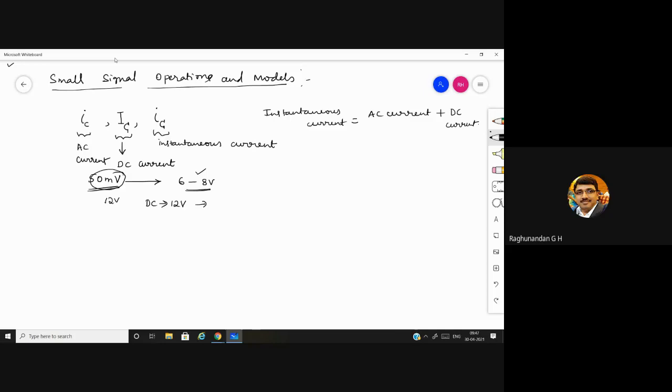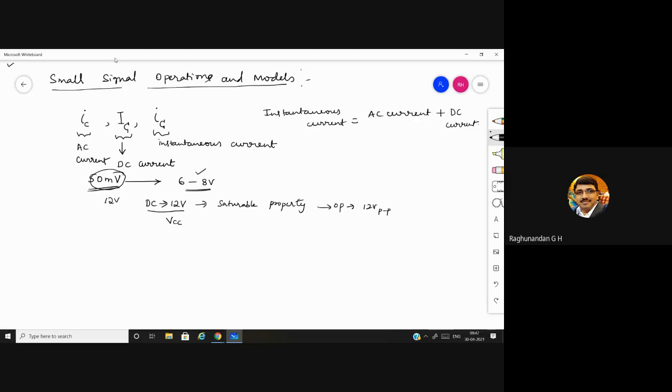And according to the saturation property, based upon the value of VCC, your output is going to be decided. If your VCC is 12 volt, then your output can be maximum 12 volt peak to peak.